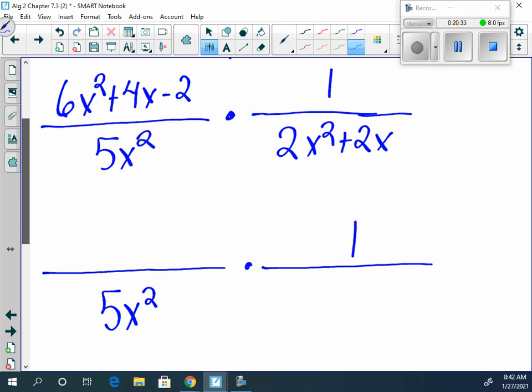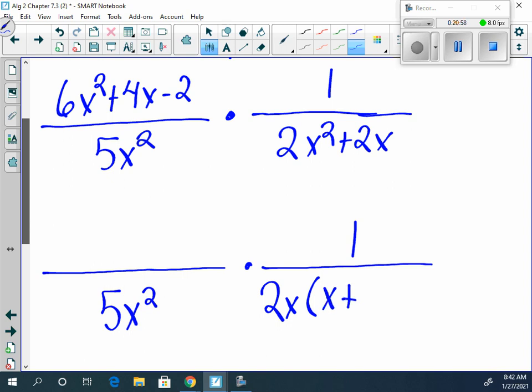Is it going to be easier to factor 6x squared plus 4x minus 2 or 2x squared plus 2x? What's in common? So what's left over after I factor 2x out of 2x squared?